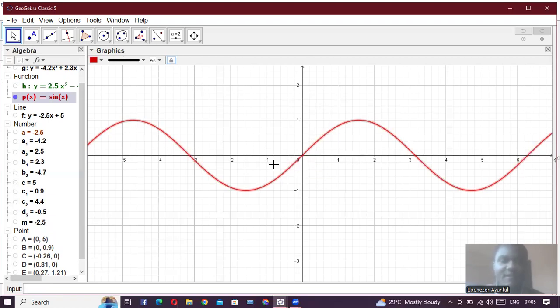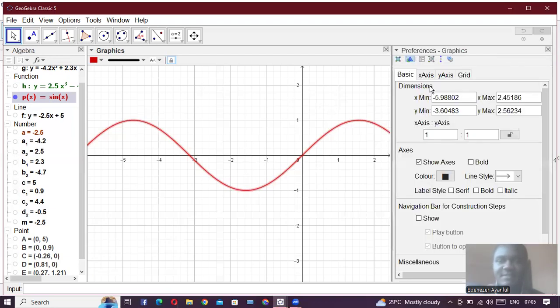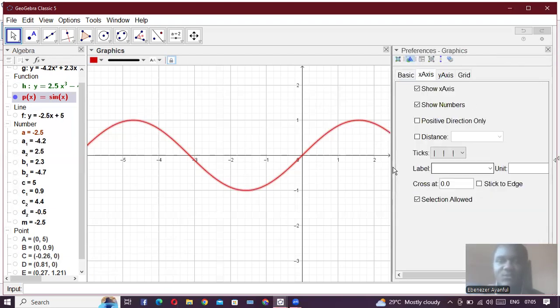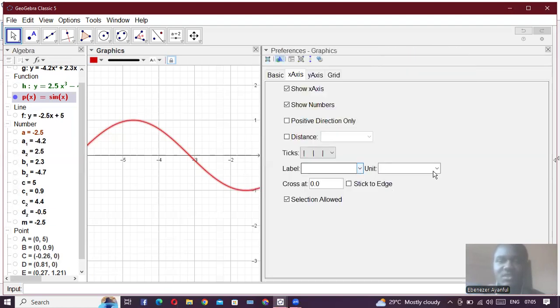So you see here the x-axis is labeled with numbers: 1, -1, -2, -3. If you don't want that, since sine, cos and tan, the trigonometric functions, deal with angles, and you want to see angles rather than numbers, you can come to the settings, then graphics settings, then the x-axis, and you see units. This unit is empty, so that's why you have numbers.